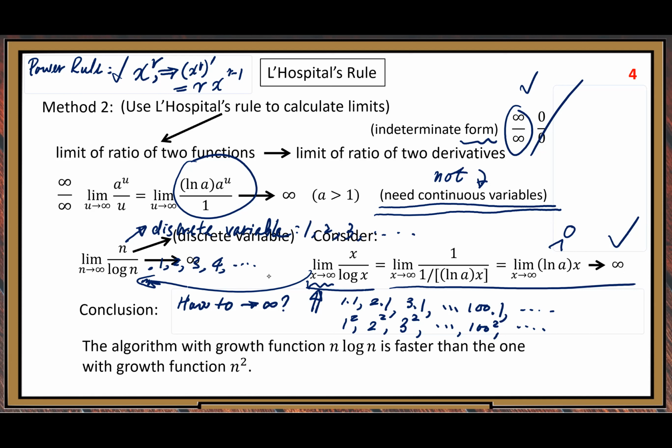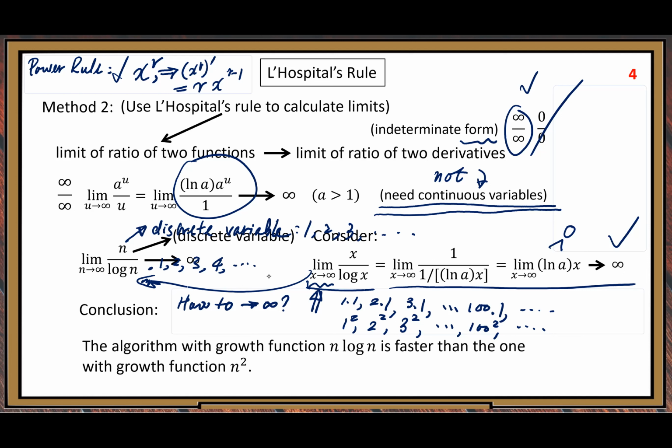Now, at this point, you can see we do the continuous variable version, then go back to the discrete variable. This approach is quite different from our textbook. If you read a textbook, you should be careful here. Our textbook does not do that continuous variable part.